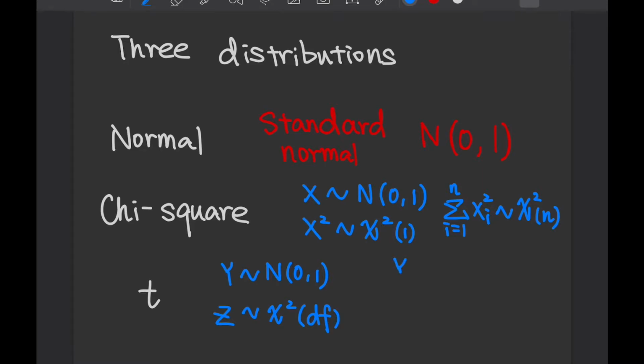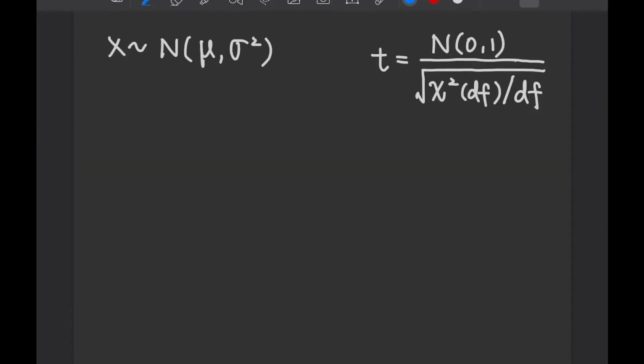Then y divided by the square root of z divided by its own degree of freedom follows a t-distribution that has a degree of freedom the same as the chi-square distribution, which is not n, but df.